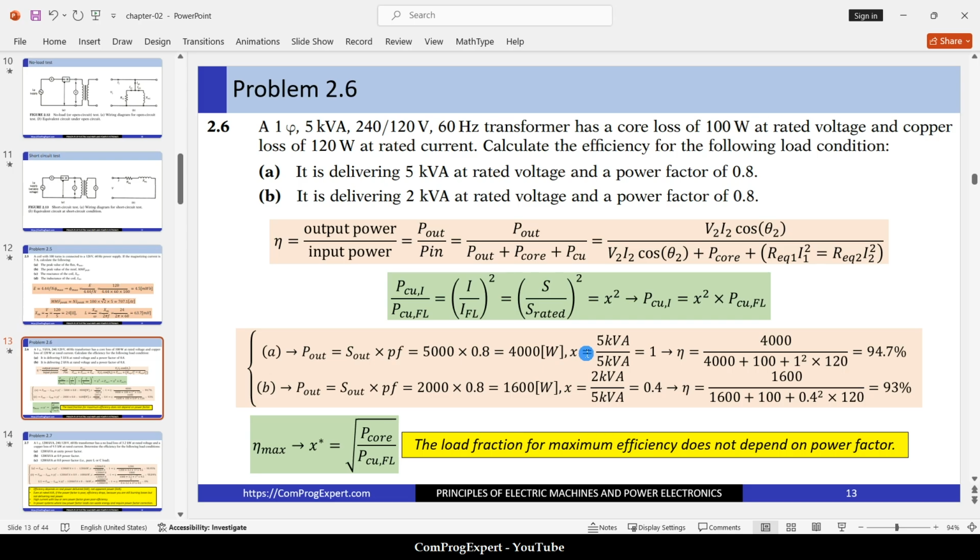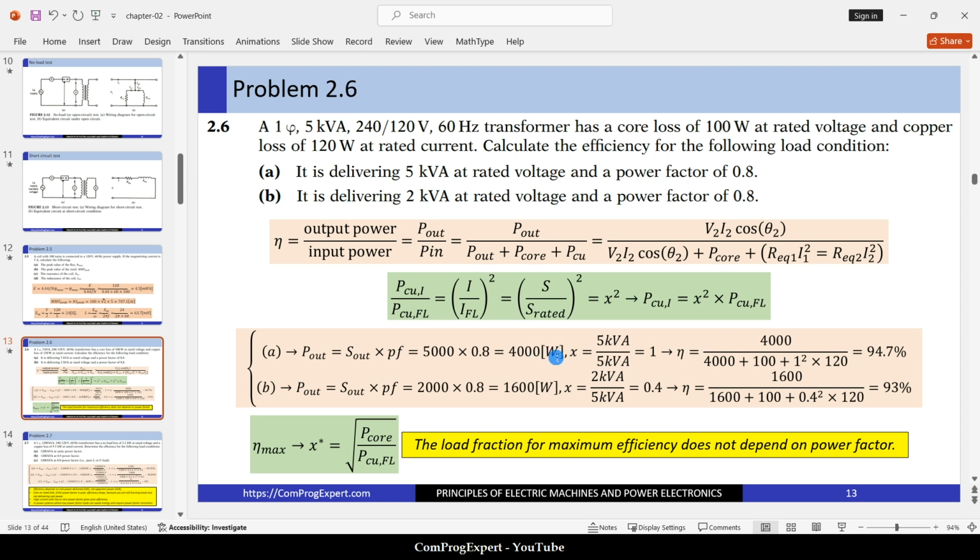So what is the value of the load fraction? X is equal to S divided by the rated one. So 5 kilovolt ampere divided by 5 kilovolt ampere, that is equal to 1. So this corresponds to the full load case. If you replace the numbers, this is the output power, the unit is watt.